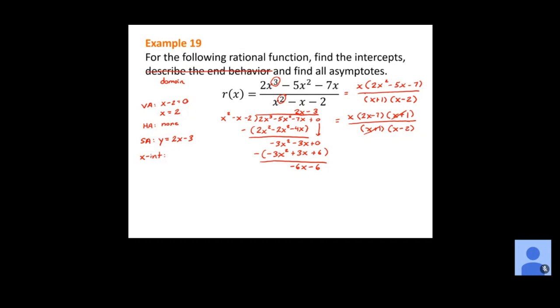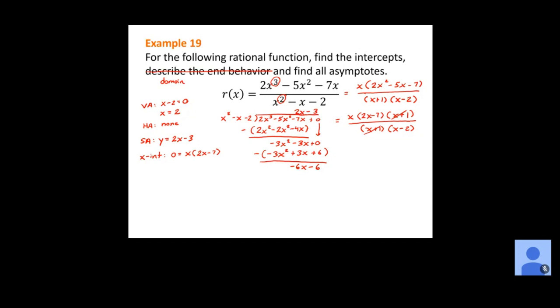And so remember, the x-intercept means that the y value is 0. So I'm going to set my function equal to 0, and I'm going to solve for x. Well, fortunately for us, we've already factored everything. So really all I have to do is set the numerator of my fraction equal to 0 in this case. And it's only whatever's left after I've canceled stuff out, okay, because that factor that canceled can't be an x-intercept there. I'm looking at my factored form, just the numerator, and I'm setting that numerator equal to 0 because that's like setting the entire function equal to 0 now.